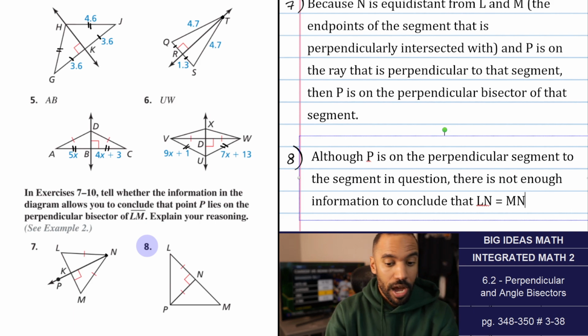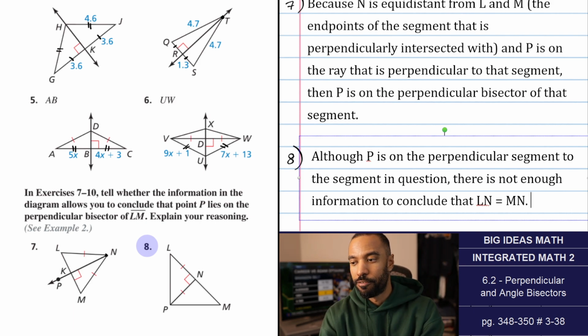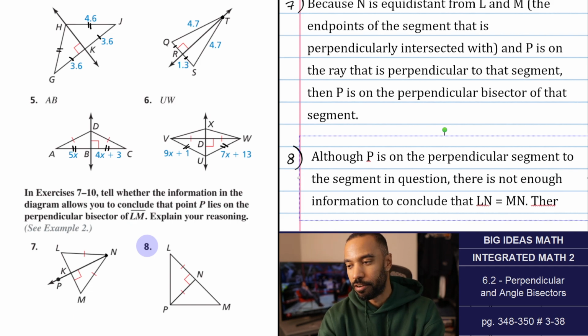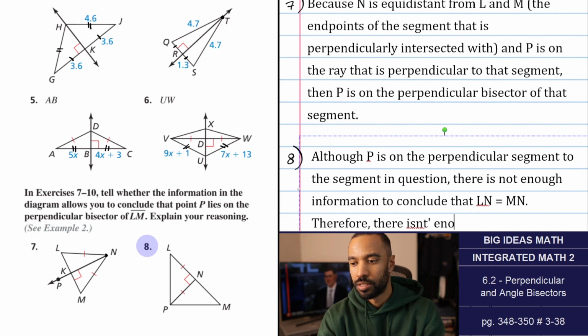In any way, not even using the converse or anything, right? There's nothing that says that. Therefore, there's not enough information to conclude that P is on the perpendicular bisector.